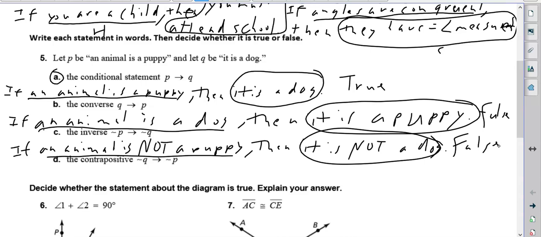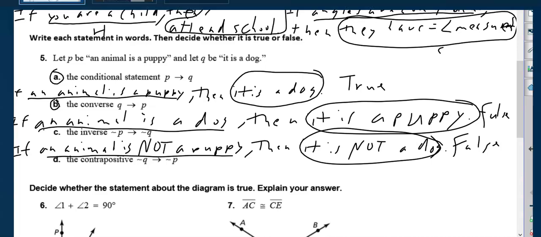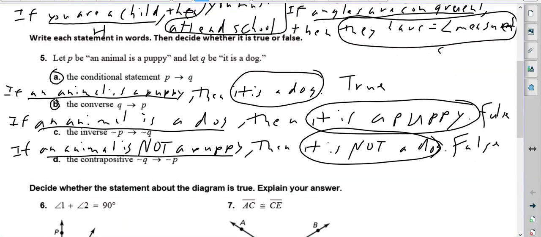All right? And then the contrapositive. So this time we're taking Q and just adding not to it. So we're switching them and then negating them both. So we look at Q, and we're going to rewrite that basically. If an animal is a dog, except we're going to say not.